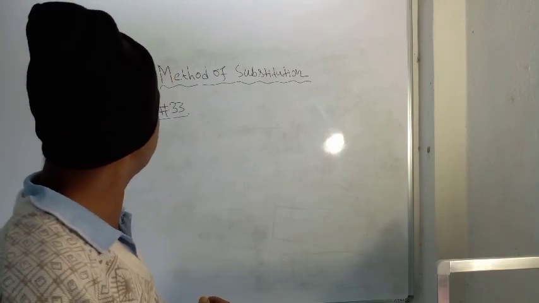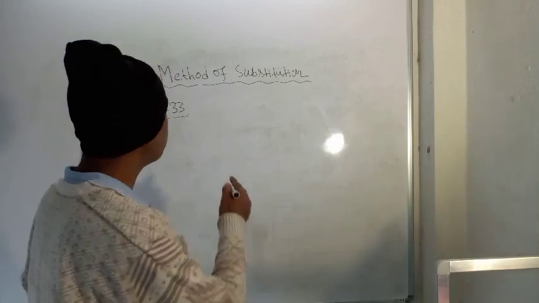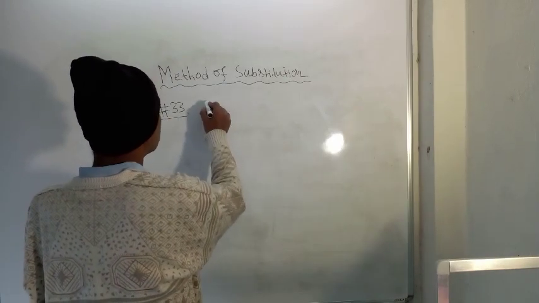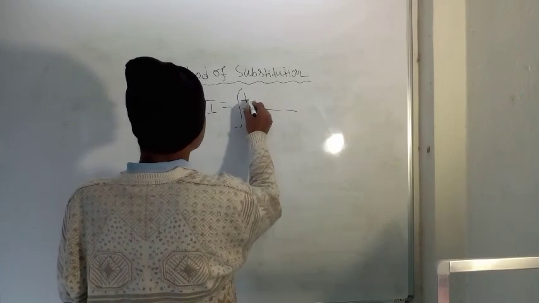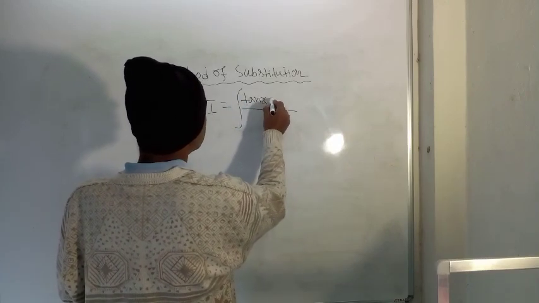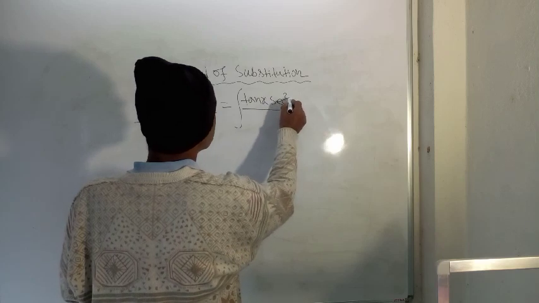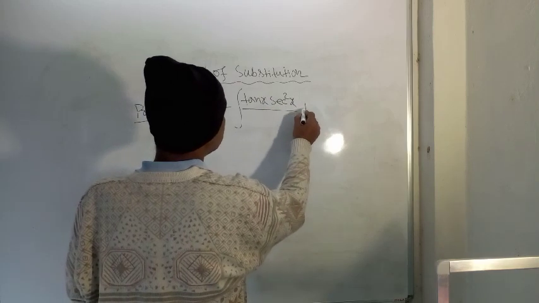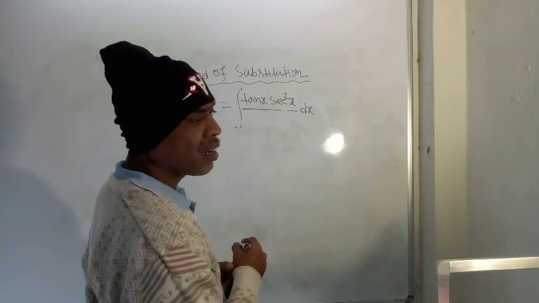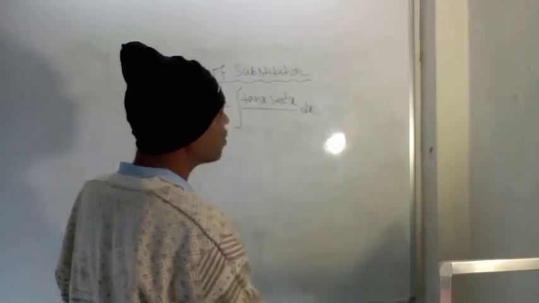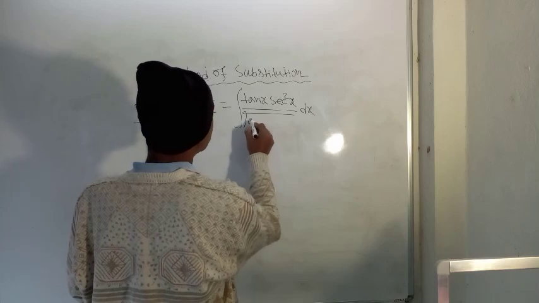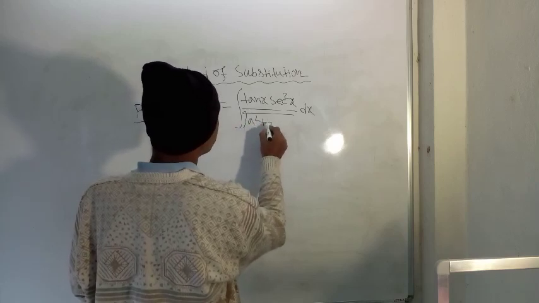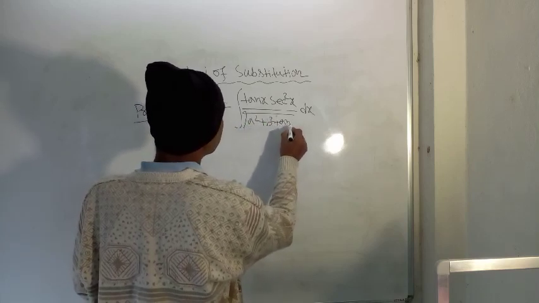Here, integration I is equal to tan x sec square x dx, divided by root over of a square plus b square tan square x.